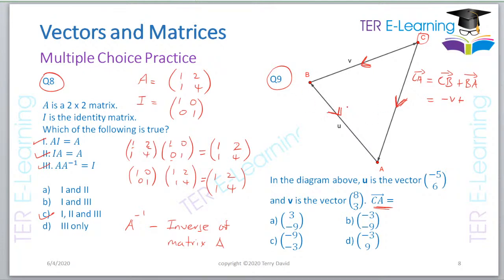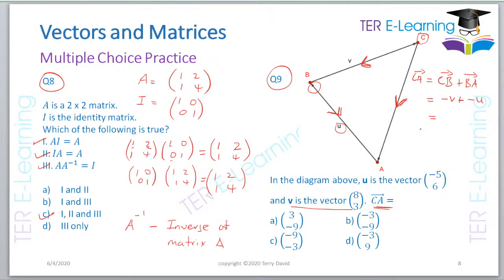BA is in this direction. But the vector U, that's this vector here, look at this arrow here. This arrow was pointing in that direction. So it's minus V minus U. Okay? Hopefully I didn't make a mistake in the answers that I gave for A, B, C, and D. So minus V, you know what the vector V is?